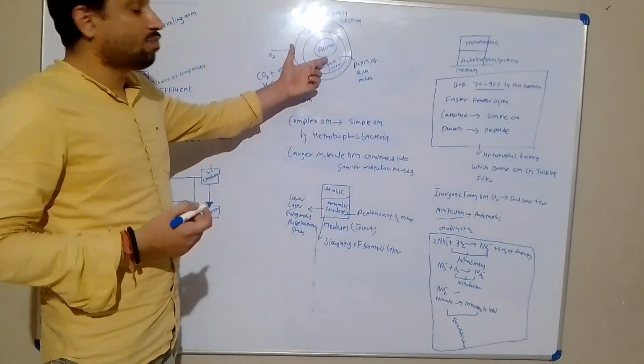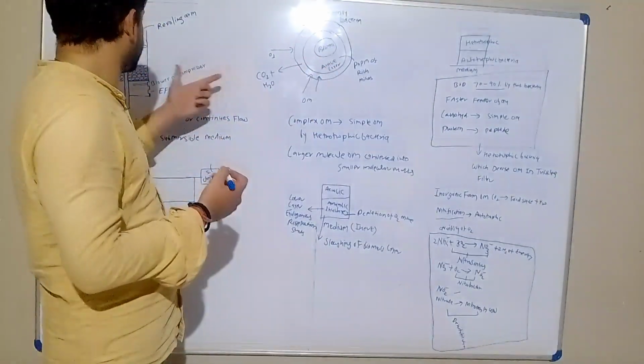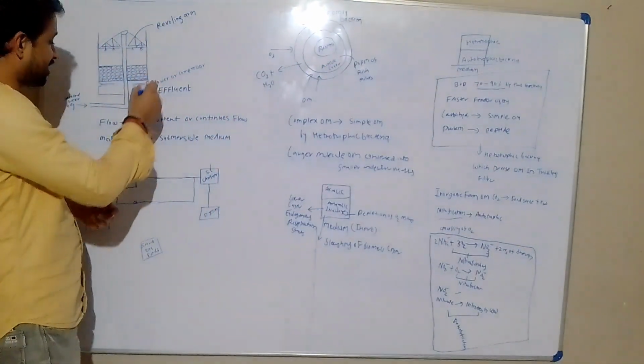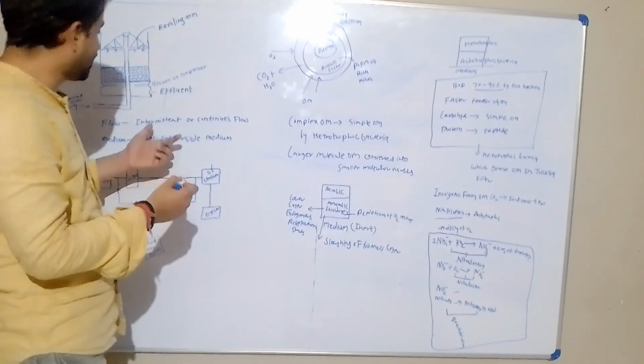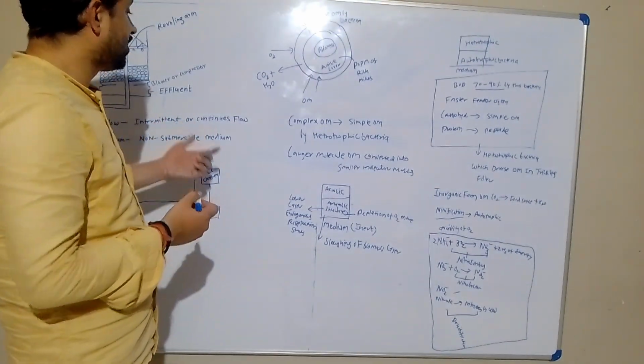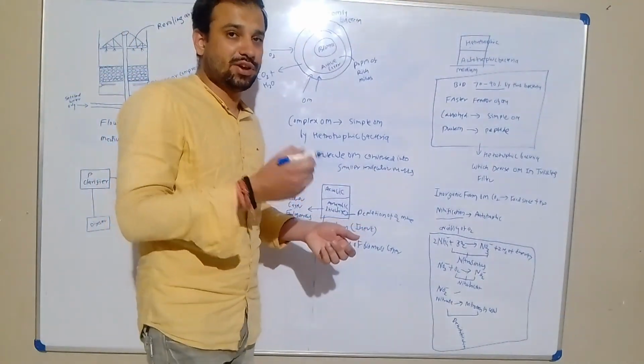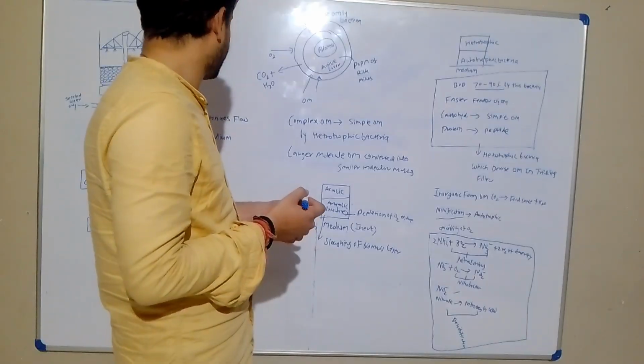So the biomass layer is formed over the filter media. This is the filter media, an inert, non-submersible type of media, and the flow is intermittent and continuous in this trickling filter as a reactor.